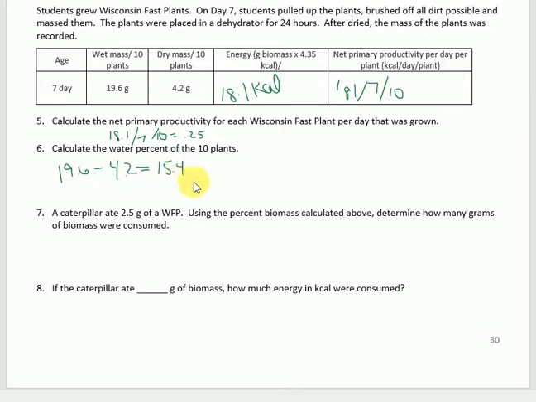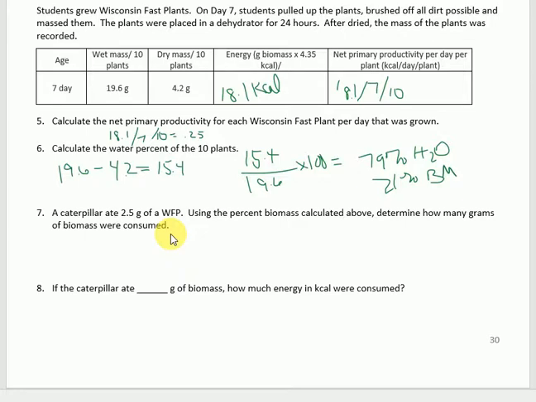It says the percent, so we need to take 15.4, divide that by our 19.6, and multiply that number by 100. That gives us 79% of water, which leaves us with 21% of biomass.